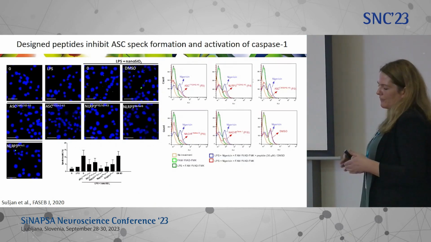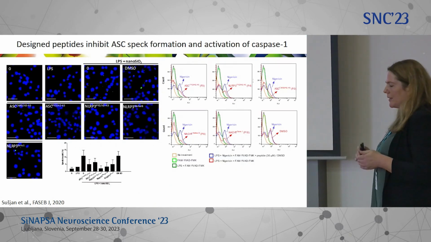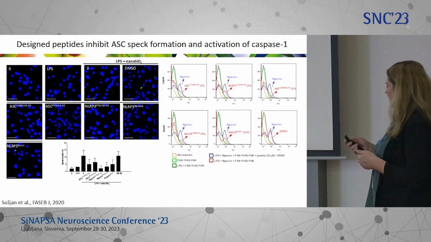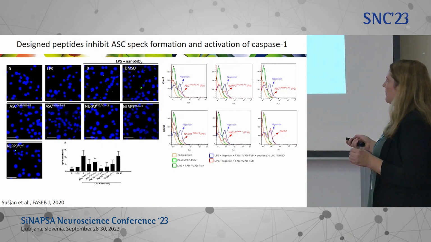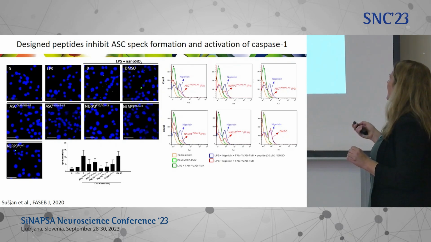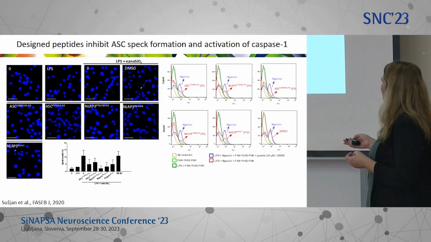For now, we were only following IL-1 beta release, but we have also shown that these peptides already stop inflammasome formation at the step of ASC-SPIC formation, and of course then they also inhibit the activation of caspase.